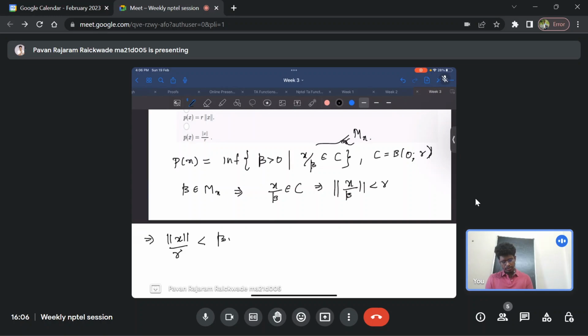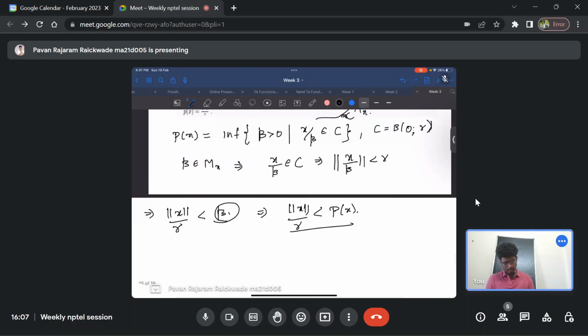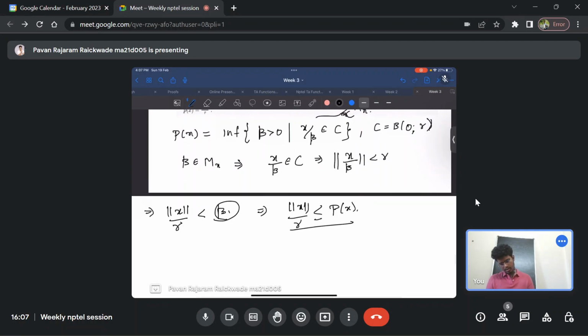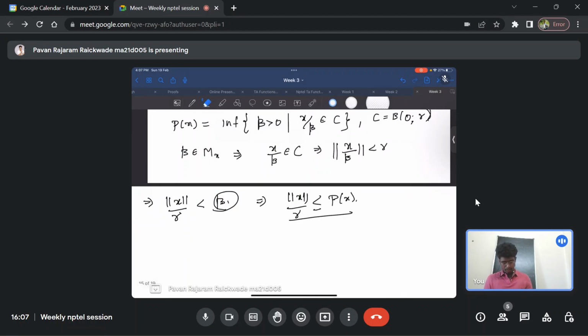So for any beta belonging to M_x, norm x by r is strictly less than beta. Taking the infimum over all such betas, we get norm x by r is less than or equal to p of x. We want to show it's equal.